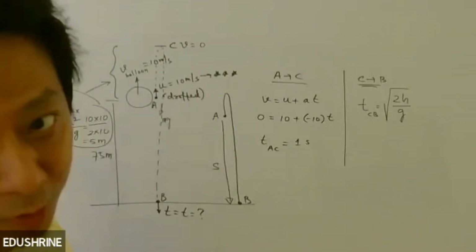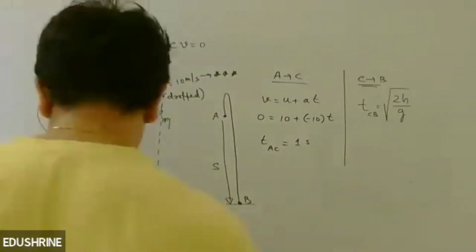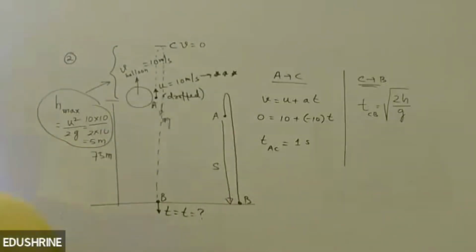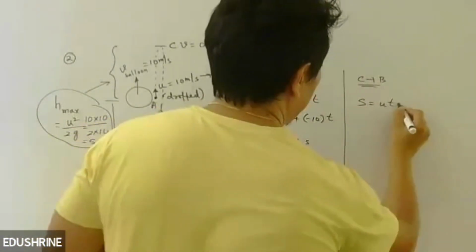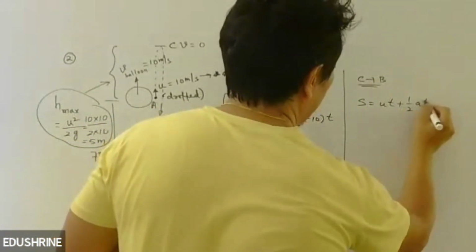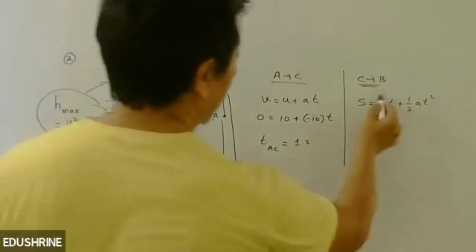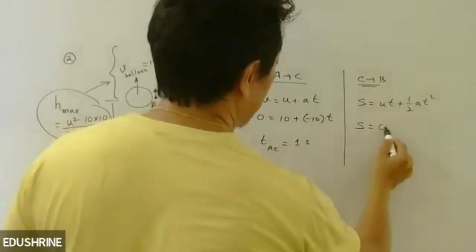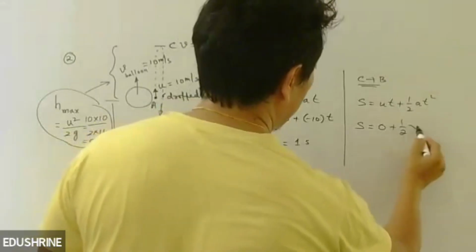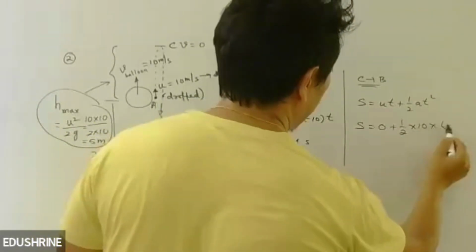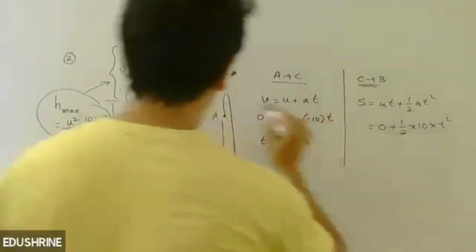Shall I use s equals ut plus half at square only? Okay. S equals ut plus half at square. Tell me, from C to B, what is your initial velocity? 0. Down I take positive while coming down.